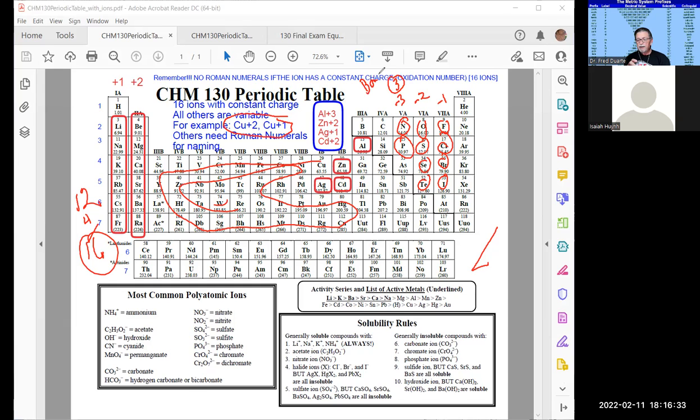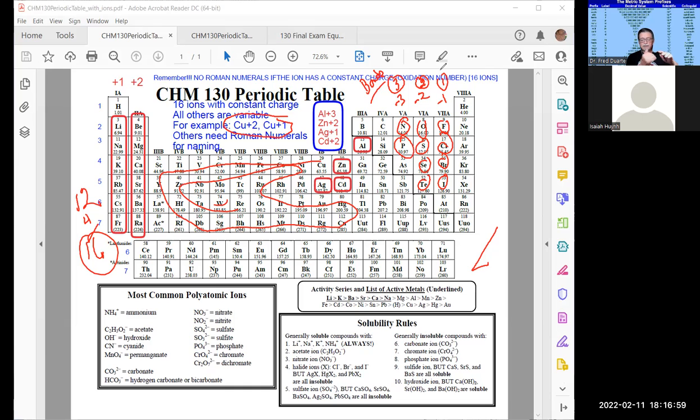Everybody in group 5 can only make a maximum of 3 bonds and still have a neutral charge. Everybody in group 6 can make 2 bonds and still have a neutral charge. Everybody in group 7 can make 1 bond and still maintain a neutral charge.